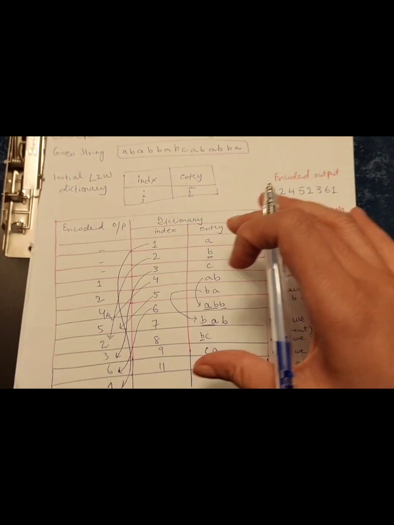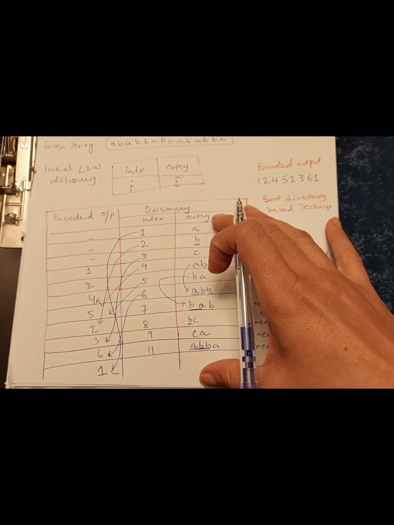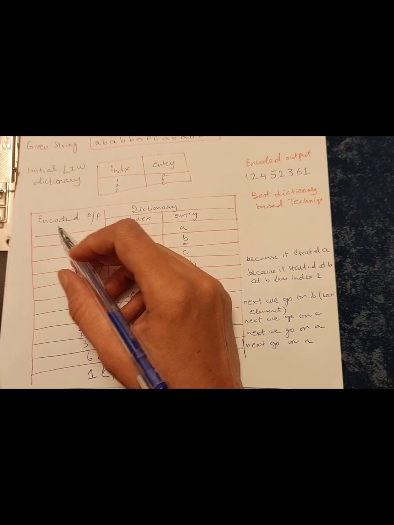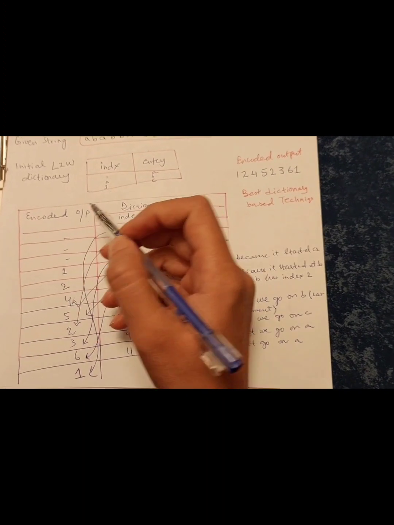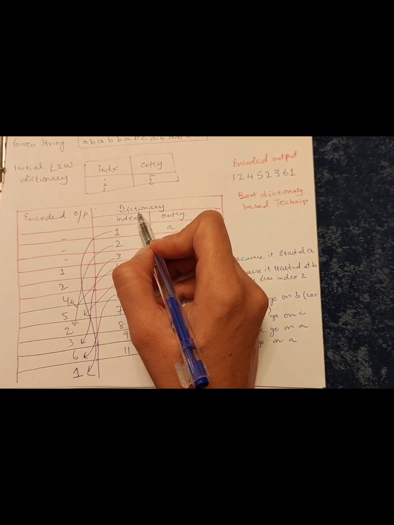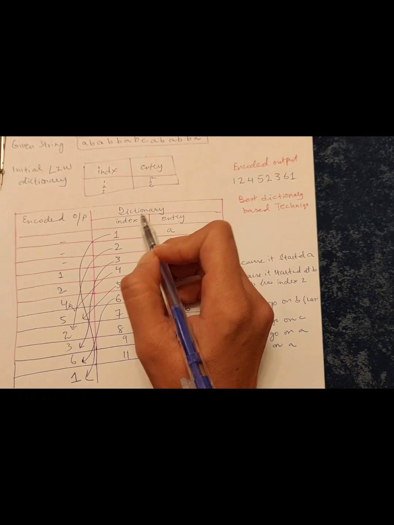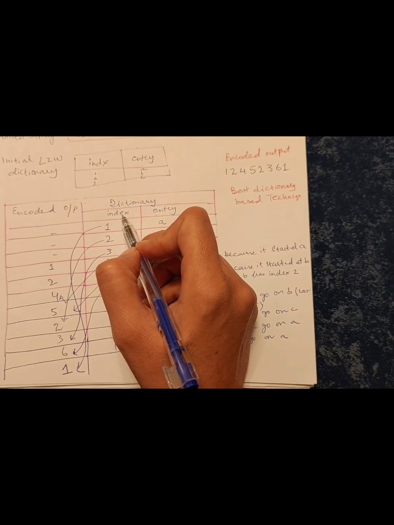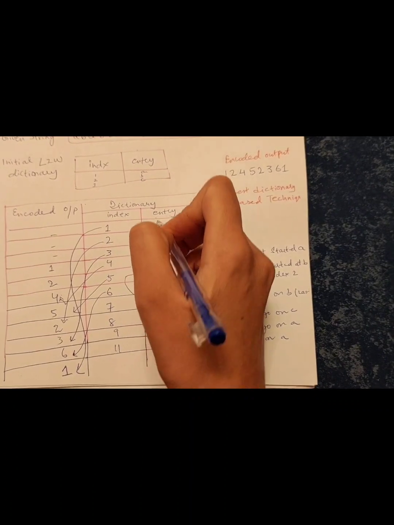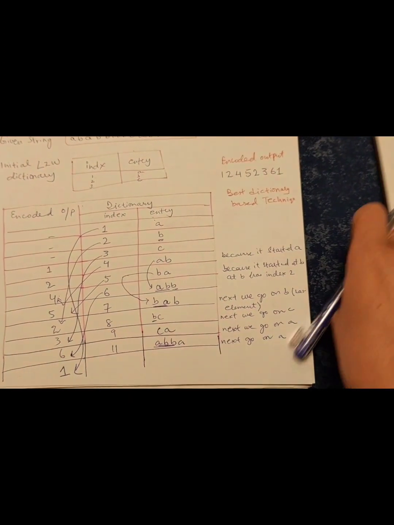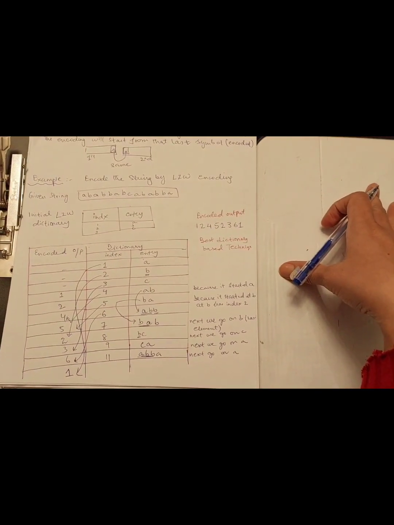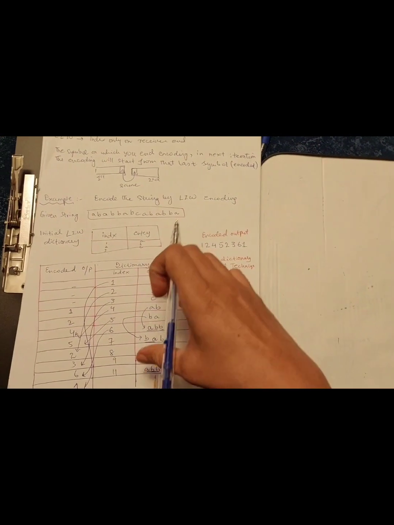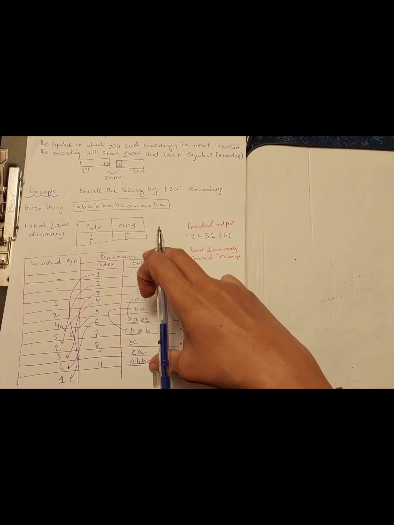I am going to draw a table like this, in which there will be a column for encoded output and a column for dictionary. Within dictionary there will be two sub columns: one will be the index that is given to you, and one will be the entry. I will do this on paper for your ease of understanding, and I will show it in this solution as well.